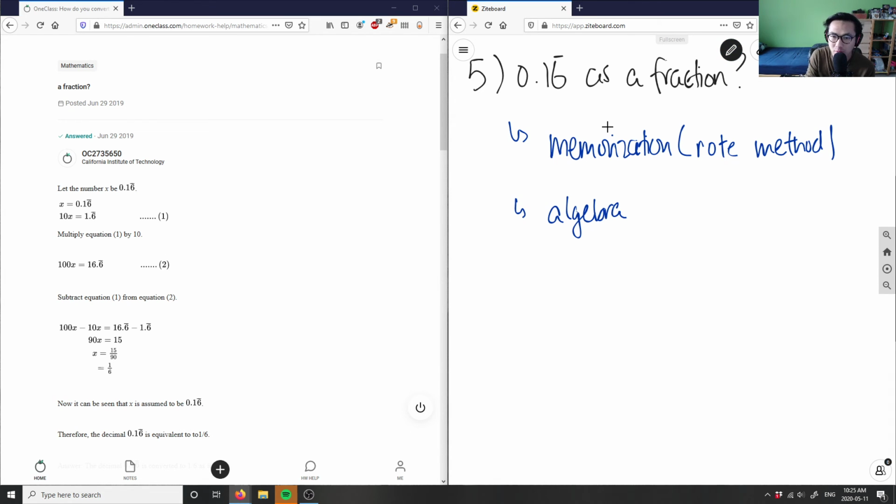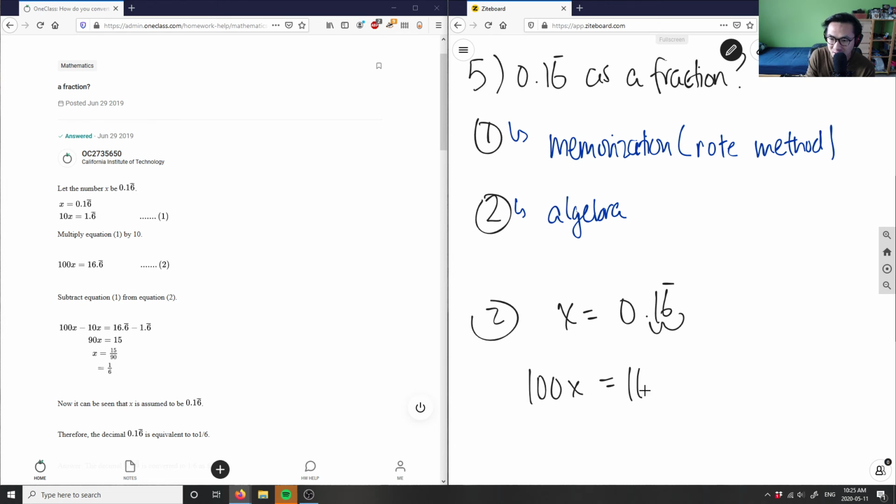This is step 1. Step 2, I'm going to analyze first. If I have x equals 0.16 bar and I multiply both sides by 100, I would move the decimal twice, so I would get 16.6 bar. Remember, the 6 bar just means that it is repeating.